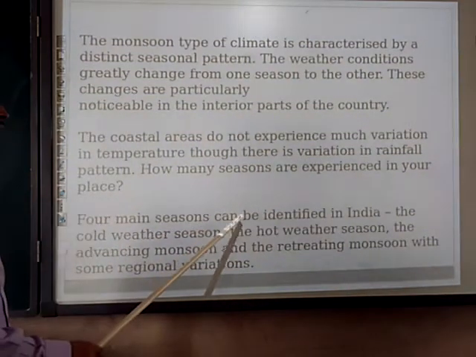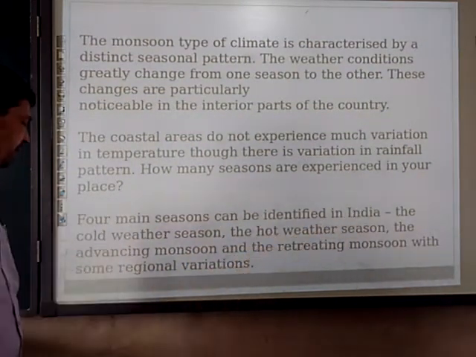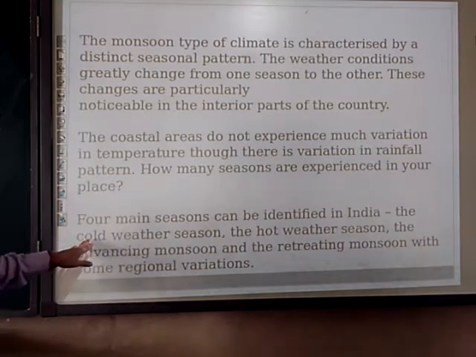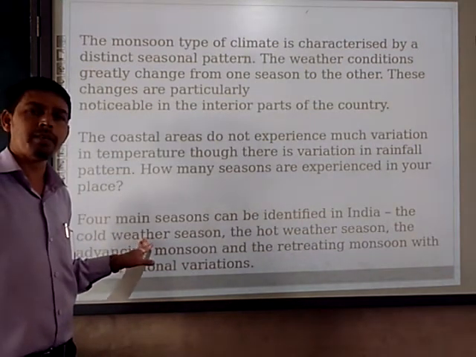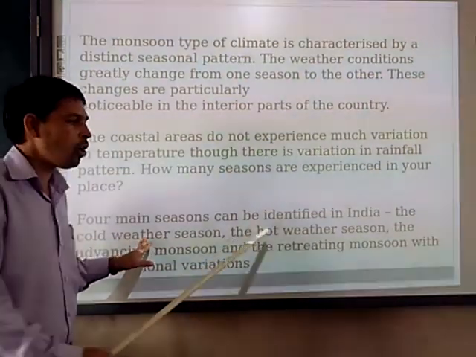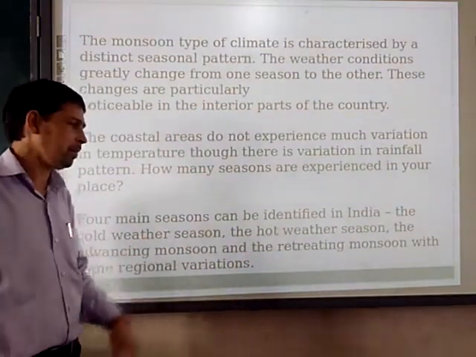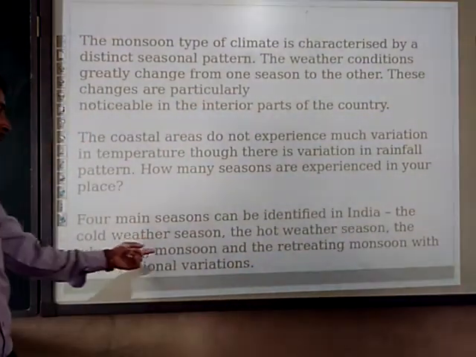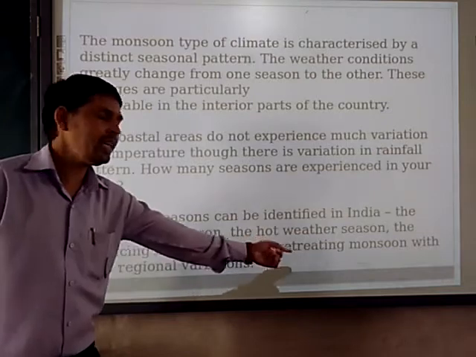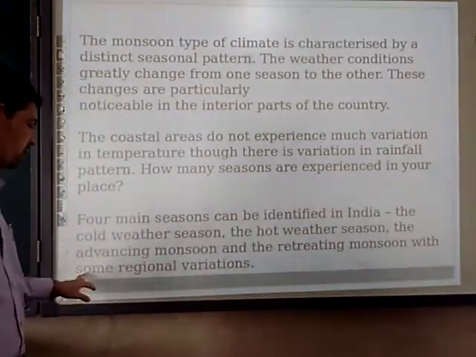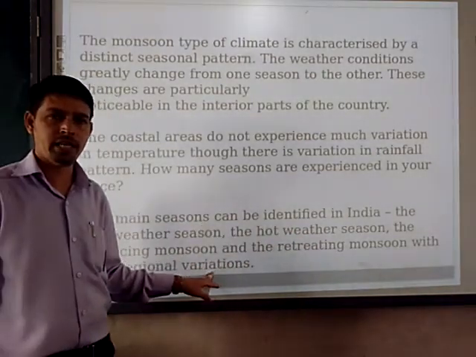4 main seasons can be identified in India, and they are the cold weather season, that means winter season, the hot weather season, that means summer, and the advancing monsoon and retreating monsoon with some regional variation.